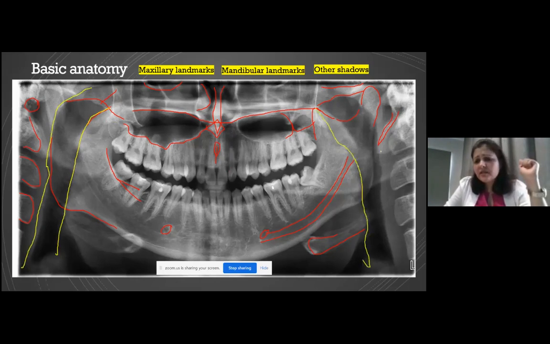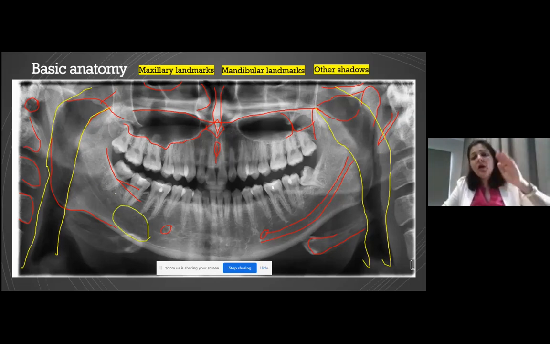It can be quite confusing because they cast lots of shadows, and that's why panoramic imaging can be a little confusing, right? Even if there are shadows over here, it doesn't mean that that is a pathology. It is not. It's important to look at the border of the intact bone to understand that those shadows are superimpositions of soft tissues. So another term which I should stress is superimposition.